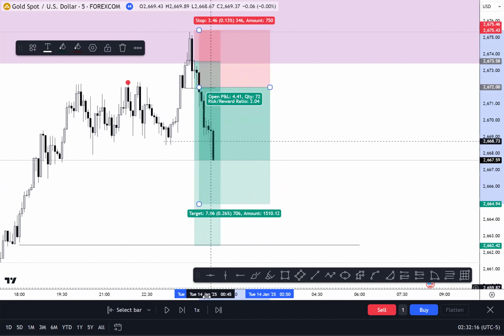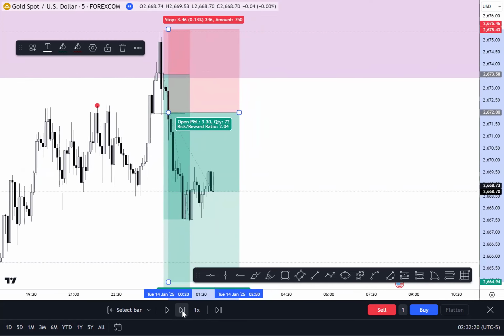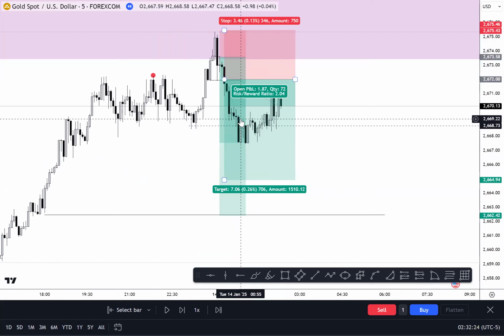So let's see if in this case we would have gotten that. If we were to use the 5-minute entry, actually we would not have gotten our 1:2 before the trade began to reverse. But who knows, the trade is still running. The market is still running on this particular setup.